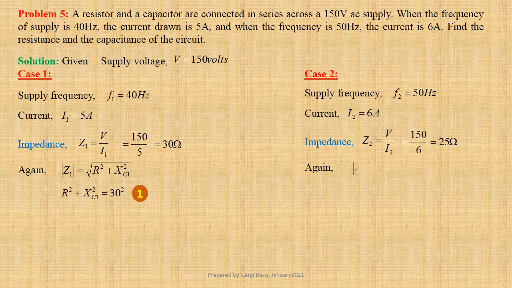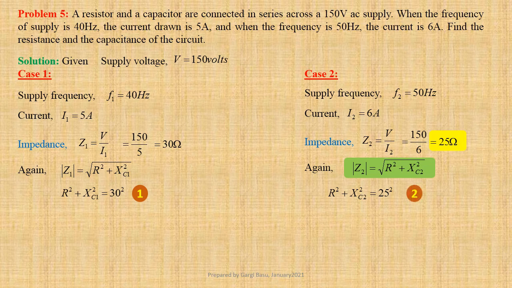Again, Z2 equals root over R square plus Xc2 square. Therefore, R square plus Xc2 square equals 25 square. This is our equation number 2.